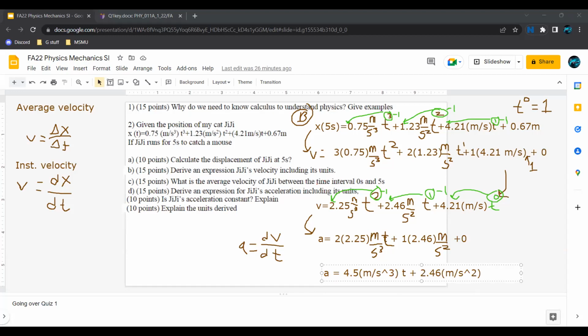Cool. And then D is asking if acceleration is constant, which no, it is not constant, because you have that t right there.